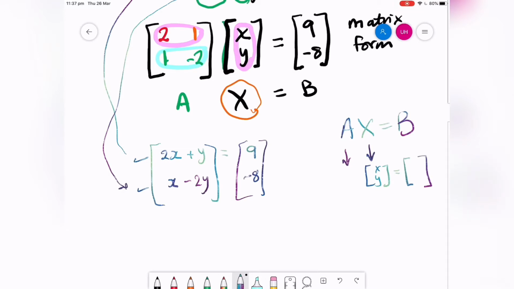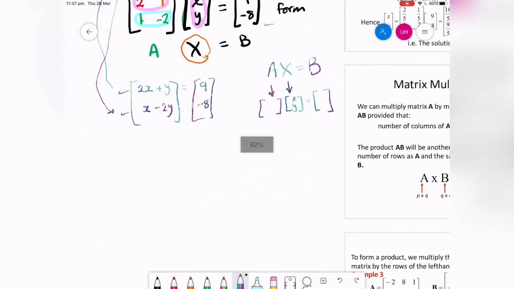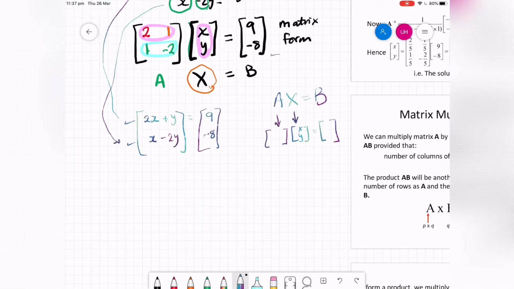Now, how to solve this? So far we just know how to change these two equations into one matrix form. Now, how to solve these? That's what we will do now in the example. I'll do an example and show you how to do that.